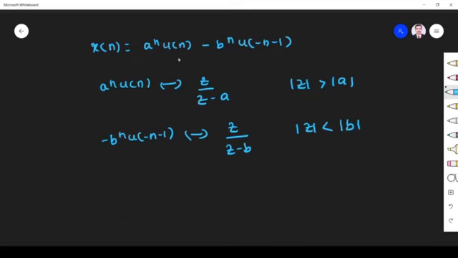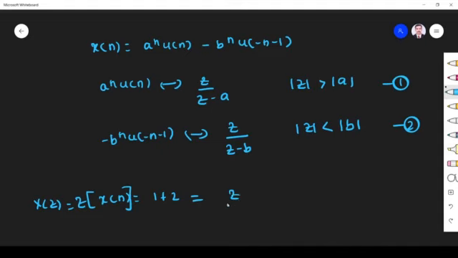Together, what is the z transform? We have to add 1 and 2. So x of n is equal to 1 plus 2, and x of z is the z transform of x of n, that is 1 plus 2. The answer is z by z minus a plus z by z minus b.